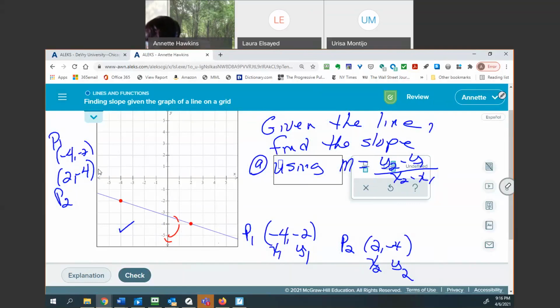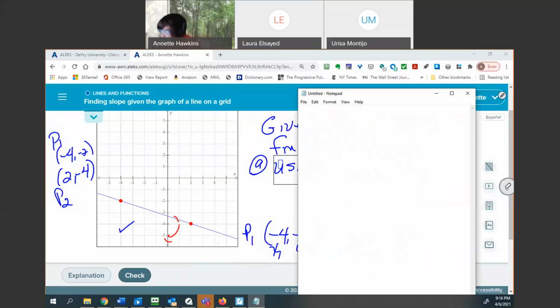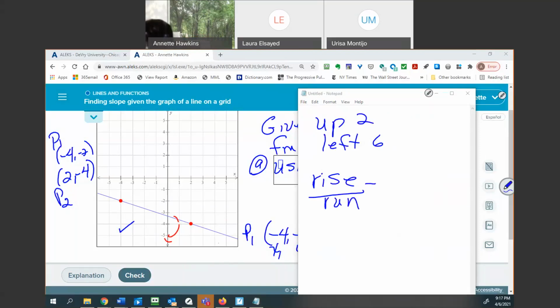So let's talk about that. I had to go up 2, and I went left 6. If you recall, rise over run. Rise is a y value, run is an x value.